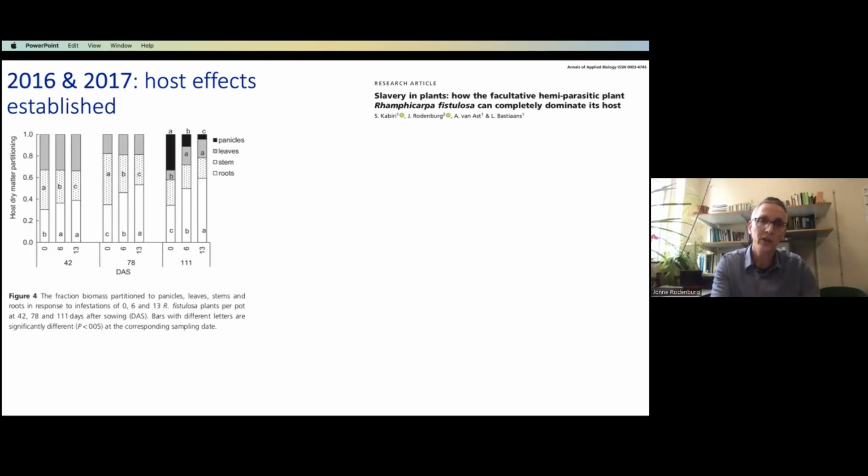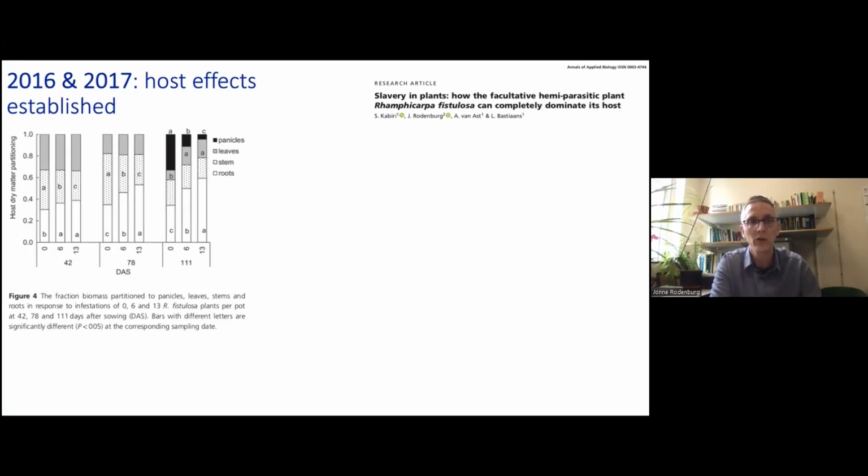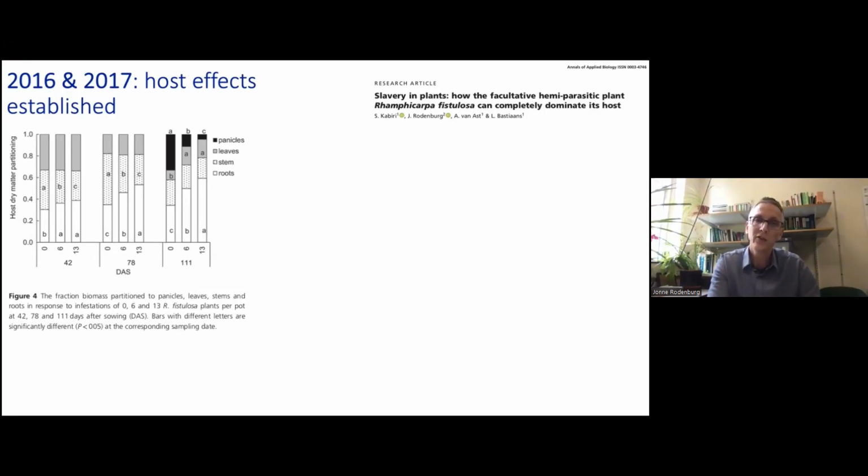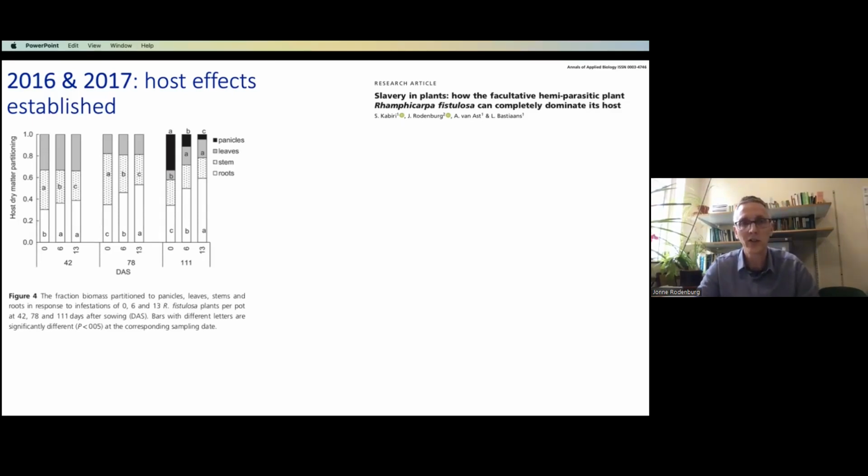You can see right from 42 days onwards there are significant effects on the roots and on the stem, but not yet on the leaves. At 78 days it's the same. Only at 111 days you see significant effects on the leaves and also on the panicles. So progressive parasite effects, but rather late. The effects are rather late compared to what we know with Striga.